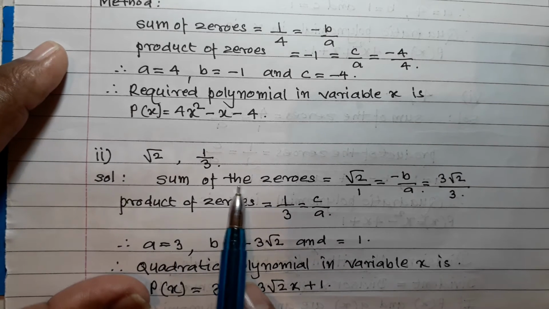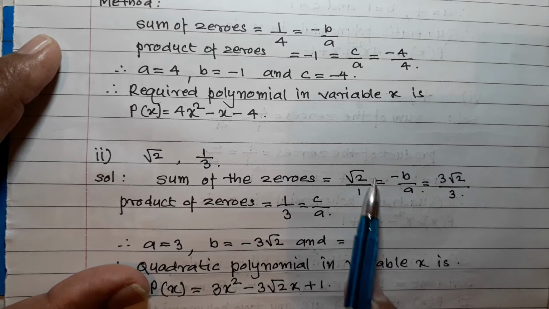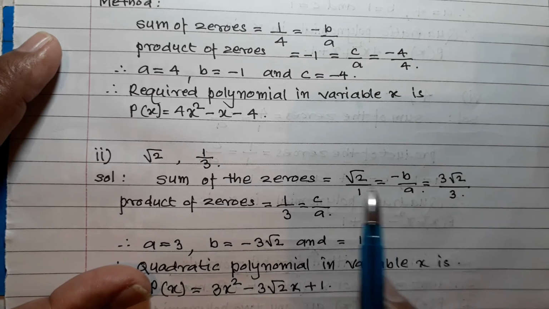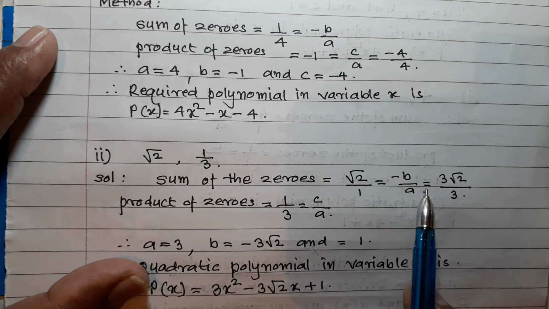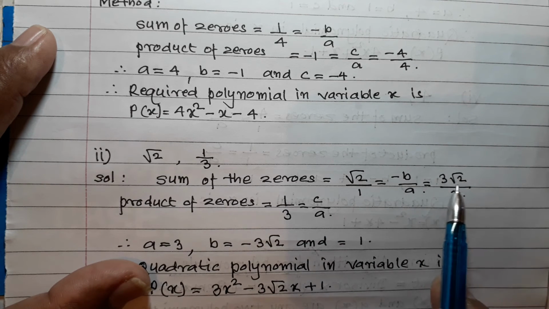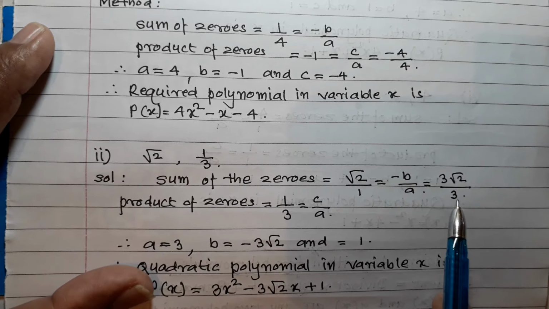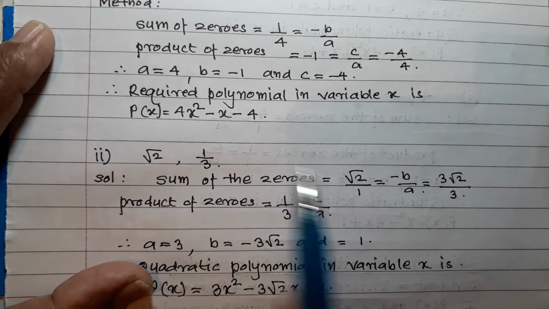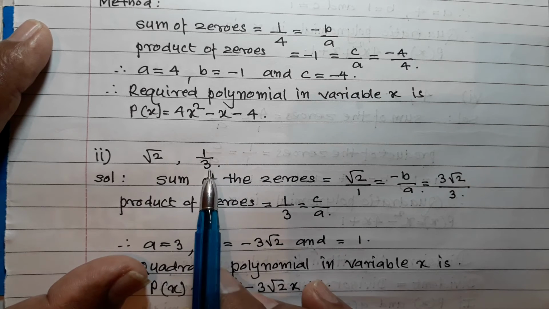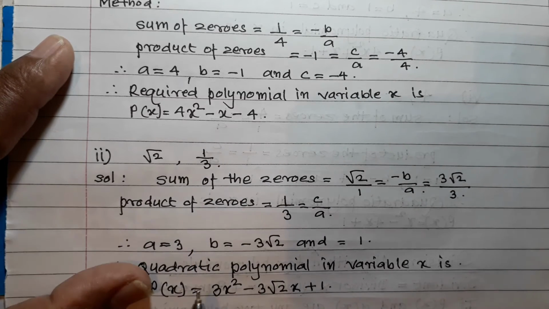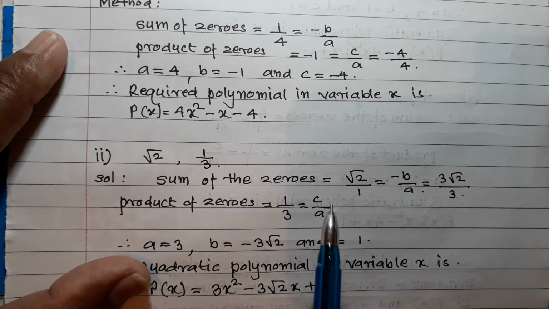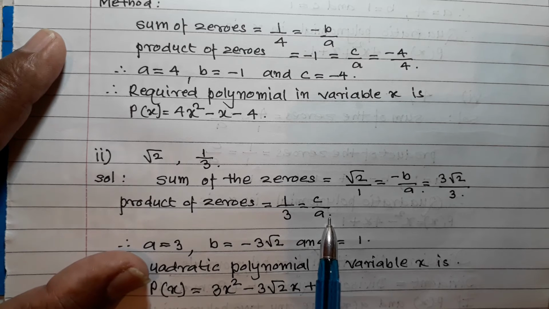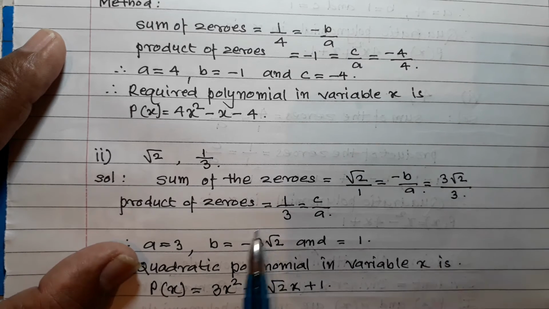Solution. Sum of the zeros is equal to root 2 upon 1, is equal to minus b upon a, and is equal to 3 root 2 upon 3. So here I divide and multiply by 3 because of this product, because the product is 1 upon 3 and the product of zeros is equal to 1 upon 3, that is equal to c upon a, so that I can compare this.